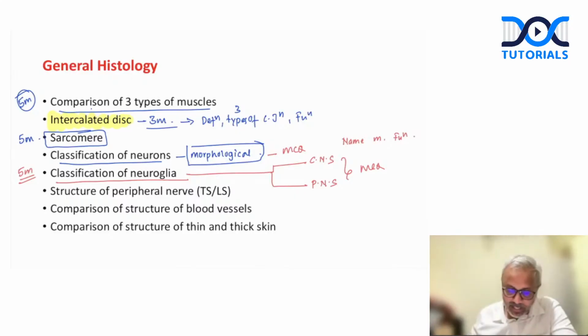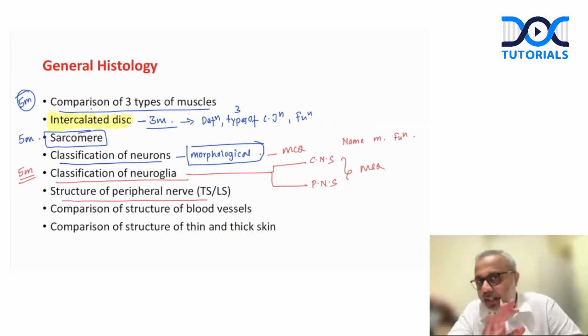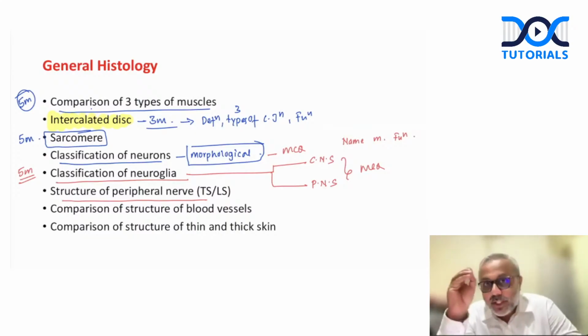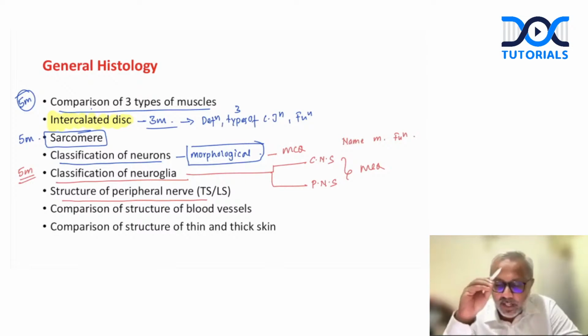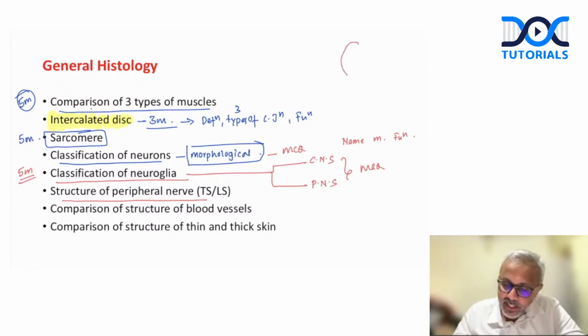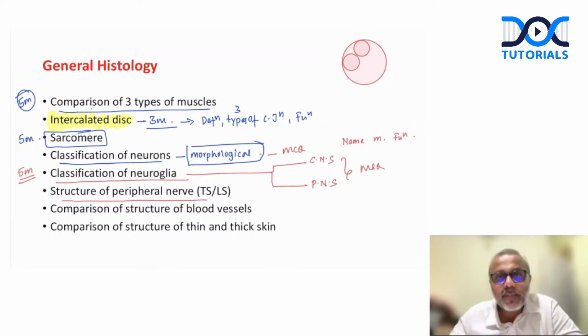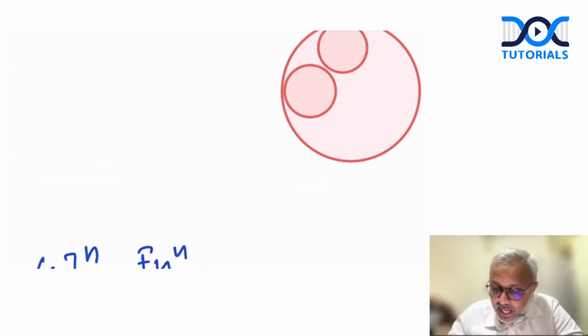Right? Done. Then structure of a peripheral nerve. I would say a 3-marker. Okay? Where you need to draw the section of peripheral nerve. Let's imagine this is the section of the peripheral nerve covered by the epineurium. Then within the epineurium, we have the fascicles which are lined by what? Perineurium. Within this, we will have what?